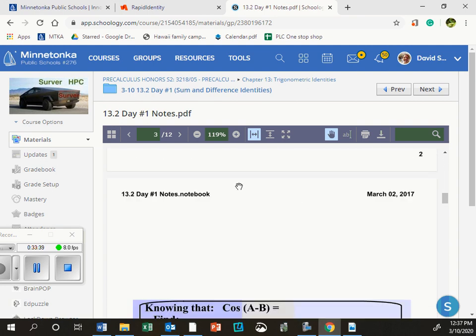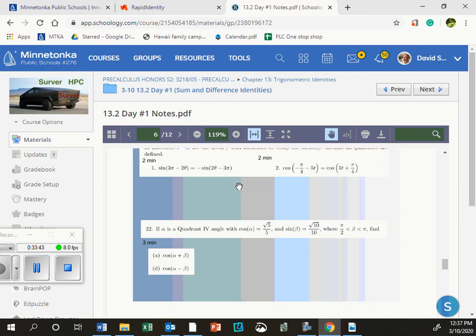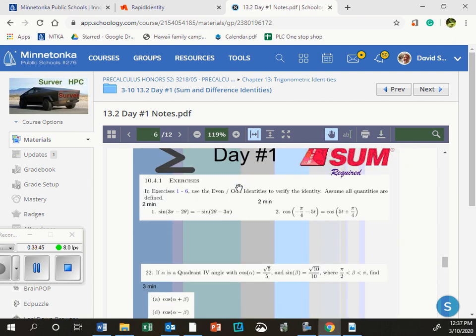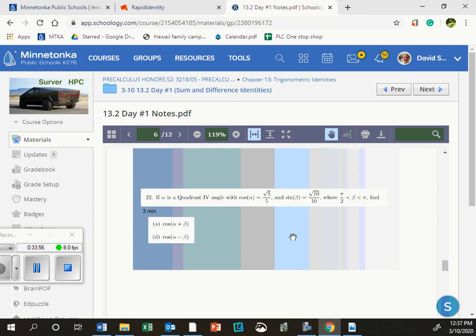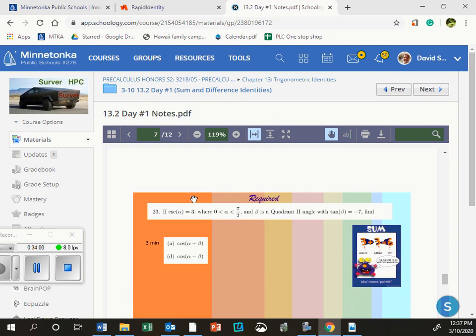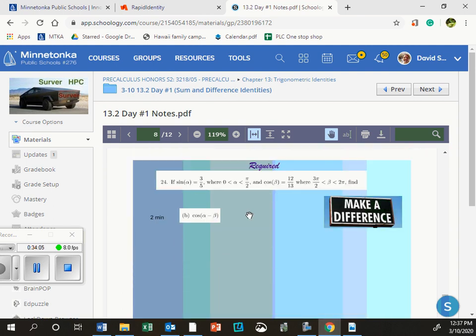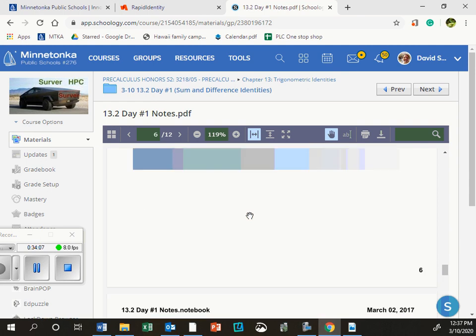And your homework isn't really going to start until you hit this page right here. And just for today, because I don't think you'll be ready to do 1 and 2, we're going to skip those. We're going to do problem 22, problem 23, and problem 24. Three in a row right there.